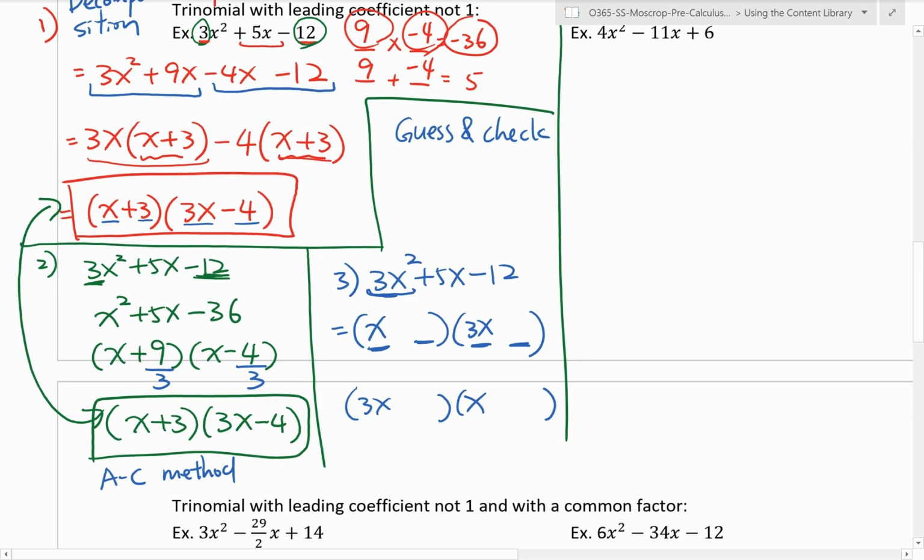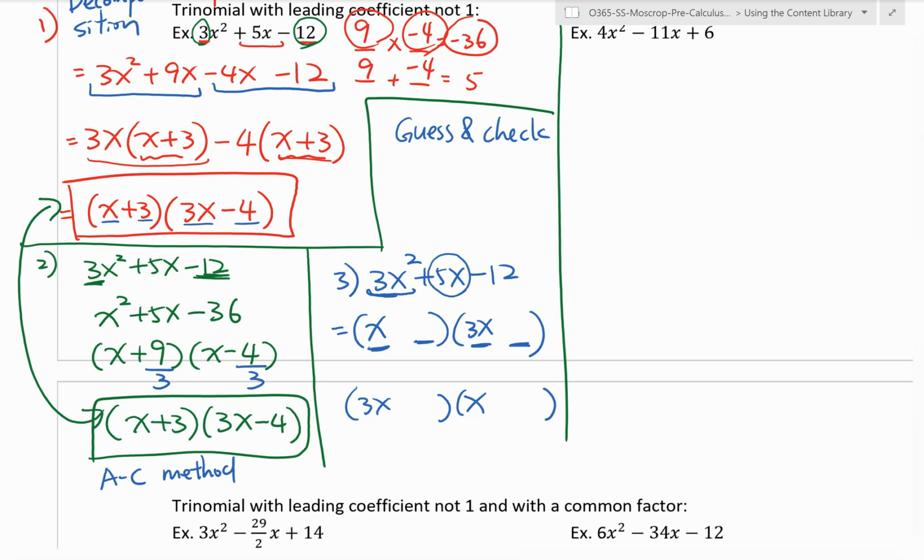You need to guess and check. This method is really good if you have good number sense, because then you can do quick math in your head. But ultimately, you need to pick a combination, and you need to think about the middle term, because we know that if we expand it, it has to add to 5.